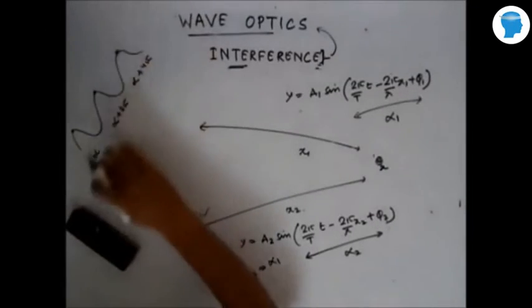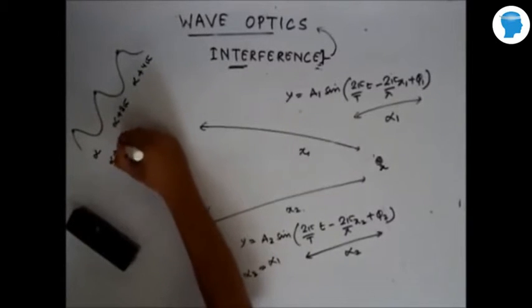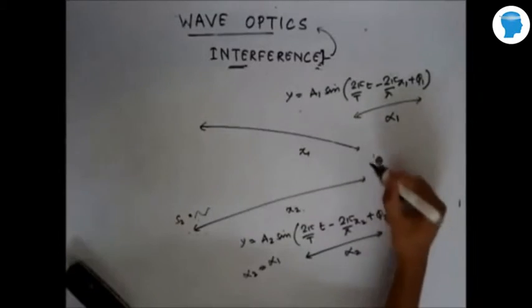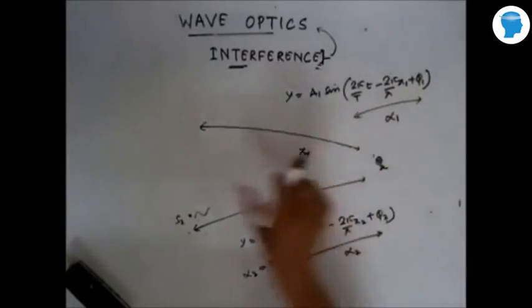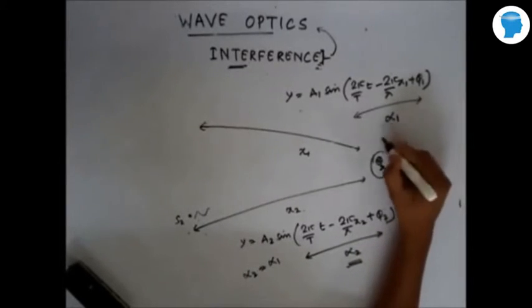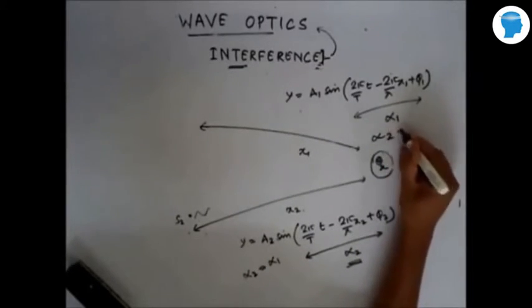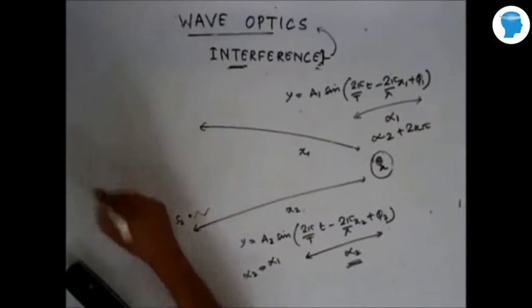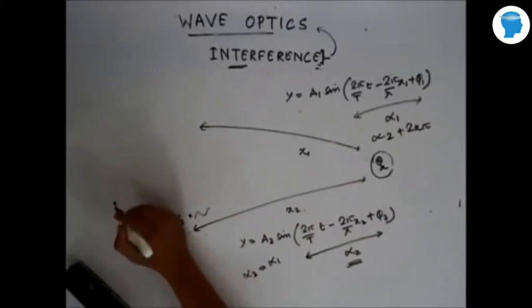Similarly, all the points which had a phase of alpha plus 2k pi were in phase with this point. So when I say these two waves are in phase here, that means if this is alpha 2, this alpha 1 has to be some value like alpha 2 plus 2k pi.